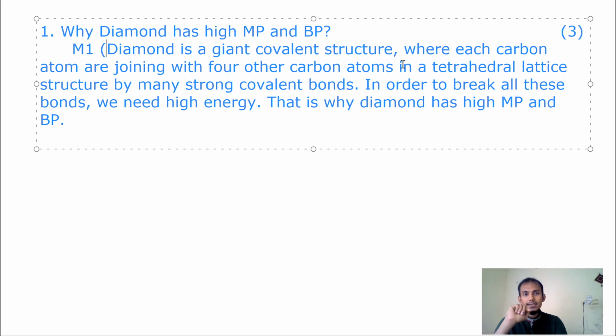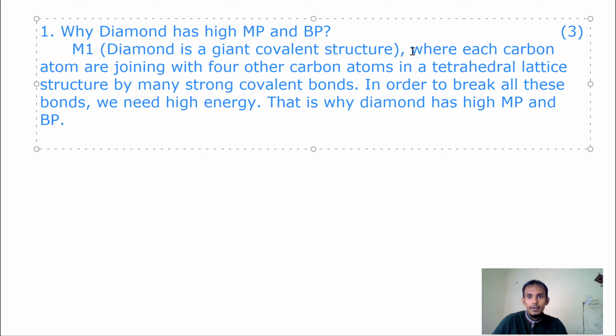The answer I am giving is according to the exact mark scheme. If you write many sentences but they don't fit the mark scheme, you lose marks. Why does diamond have high melting and boiling point? They specify important points and give 3 marks, so you need to make 3 marking points. The first marking point is: diamond is a giant covalent structure.